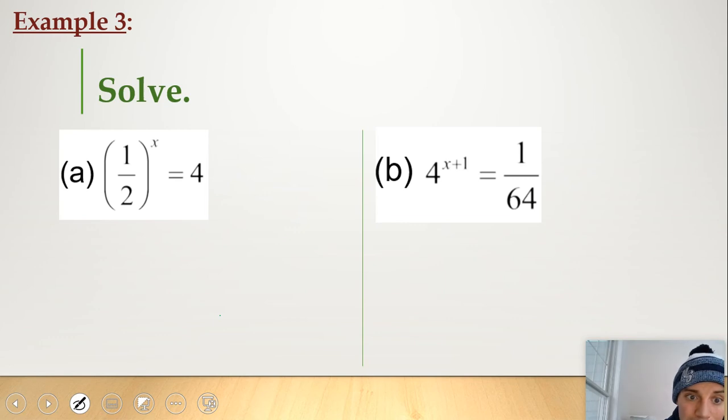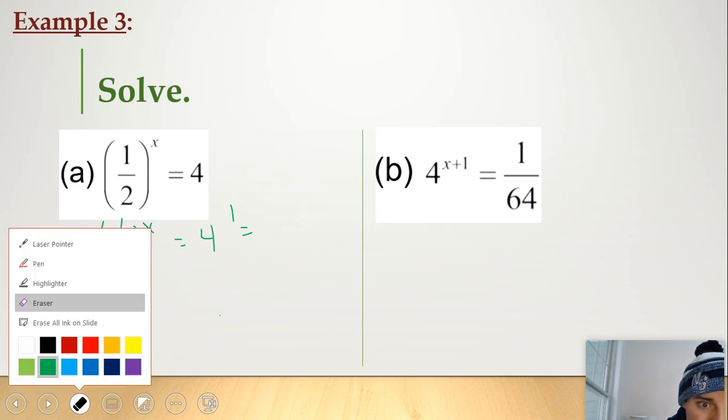So I'm going to start by rewriting this as 1/2 to the x is equal to 4. Oops, hold on. This is really 4 to the first. Sorry.